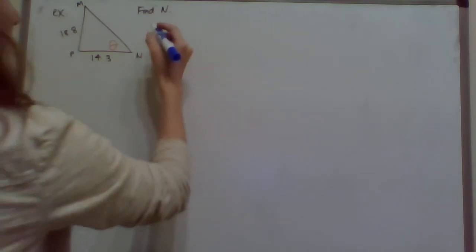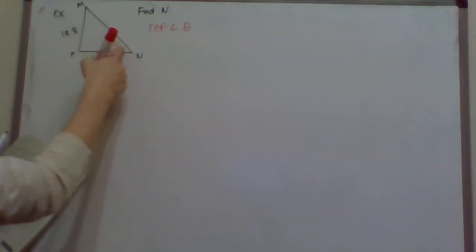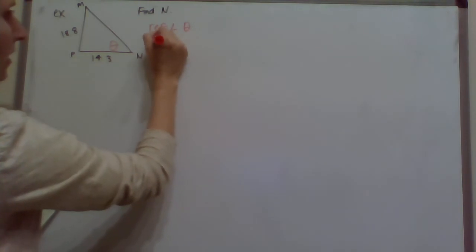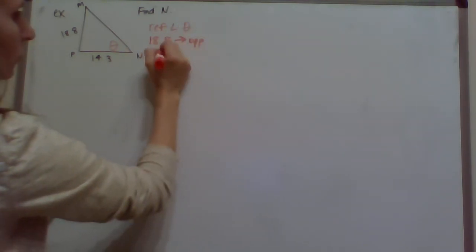Then I'm going to do what we've done for all of those other examples where we're solving for stuff in a right triangle. I'm going to list my information. I've got a reference angle of theta. I don't know what that is yet. From that point of reference, I know two things. I know that 18.8 is opposite, and I know that 14.3 is adjacent.